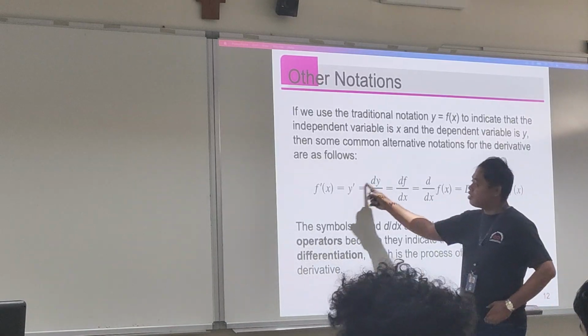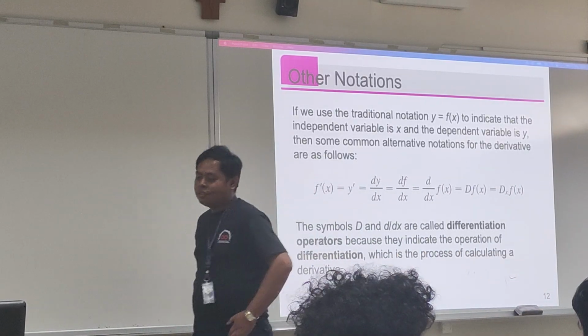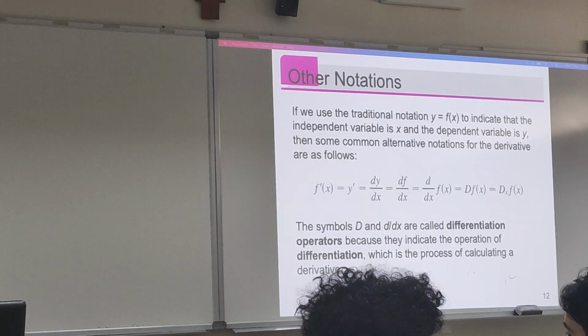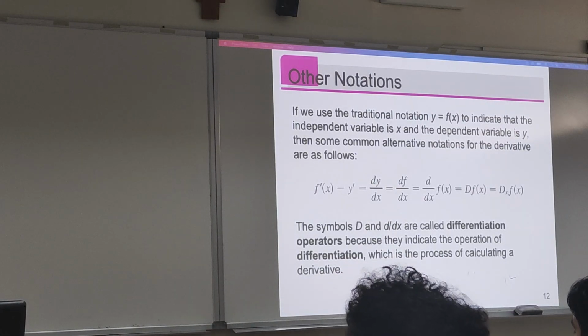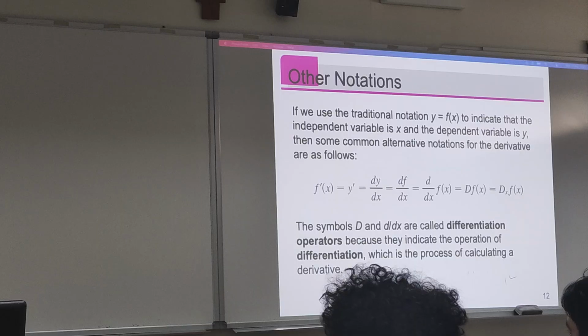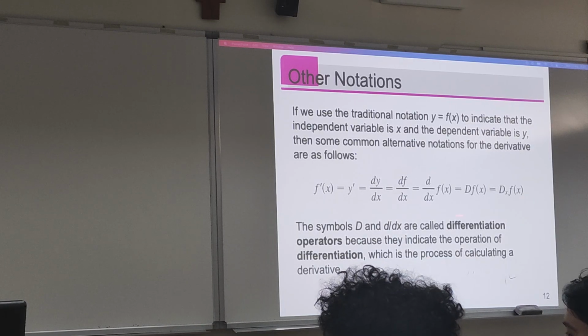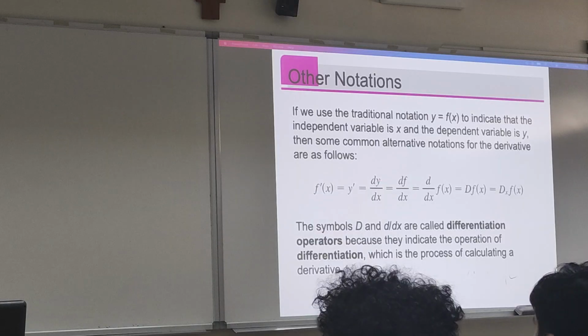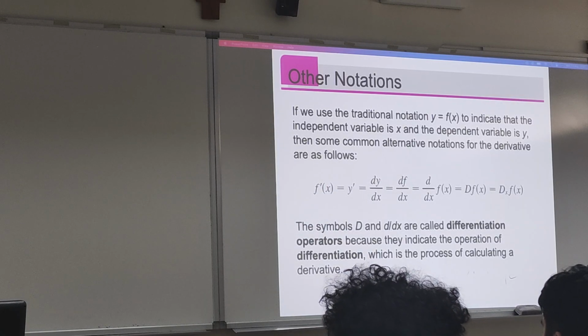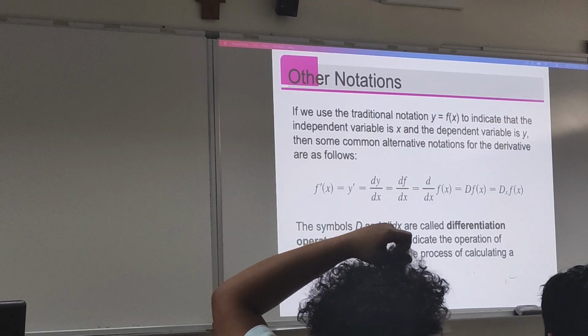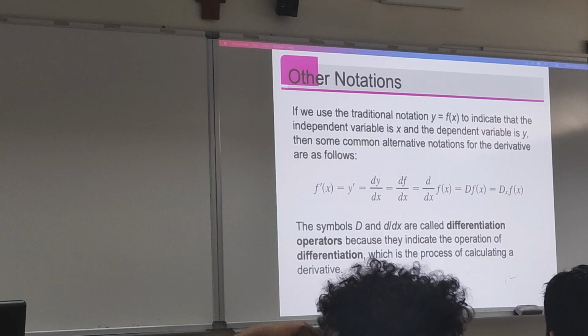Either of these notations signifies that we are taking the derivative of your function. So there are other options for the notations of derivatives. Okay, take note of these notations.